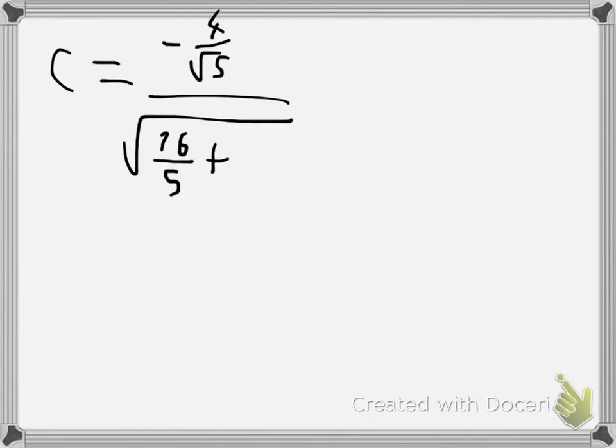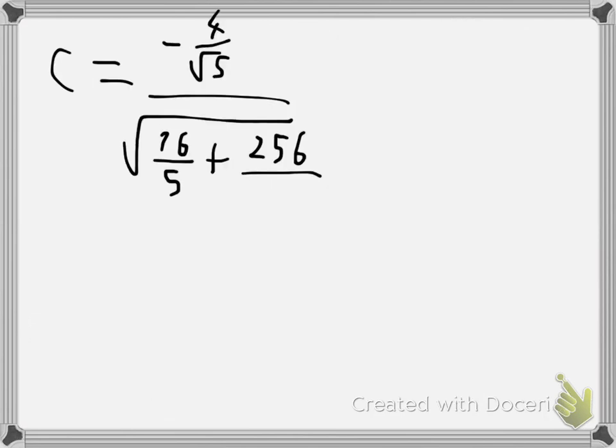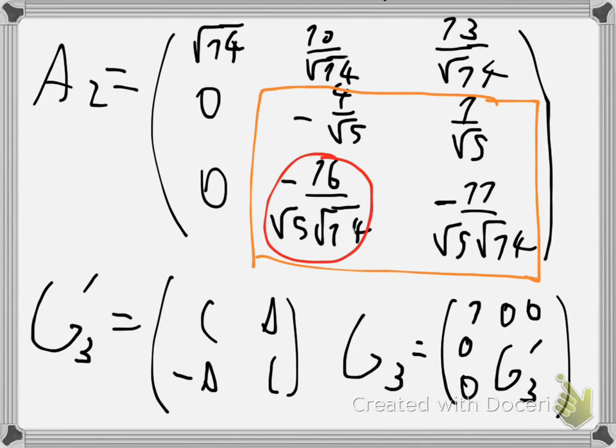So I think we should get 256 over 5 times 14, which is 70, I think.